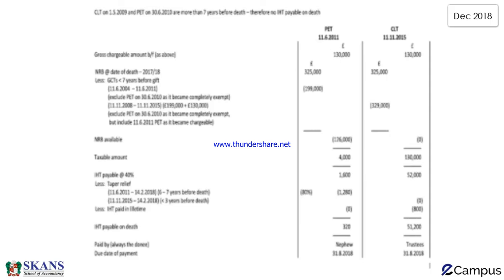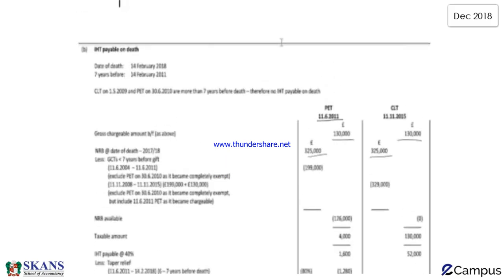Well, first of all, I have imported the gross chargeable amounts of both transfers which became chargeable on death. Now, the nil rate band to be used will be of the tax year of death, which is 325,000. Now, if you want to know how many chargeable transfers we have from the date of this PET, that would be all those transfers made within 11 June 2004 to 11 June 2011.